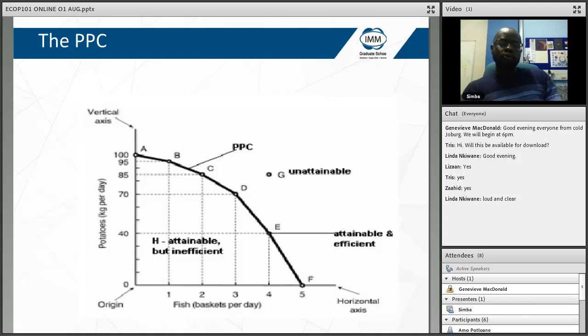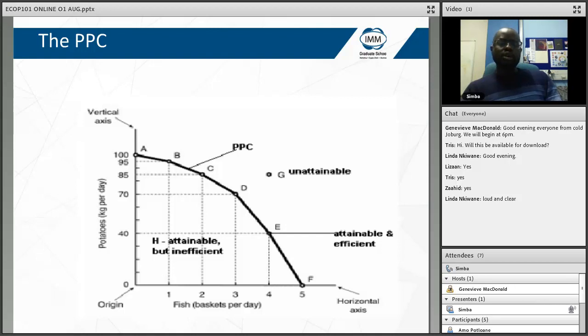All right. You also notice that as we move, let's say we are moving down the PPC from point A to point B, it means we are sacrificing potatoes, we are taking away resources from the production of potatoes to the production of fish. So as you move down the curve, you're going to find that the opportunity cost will start to increase because our resources now become more specialized in the production of fish.